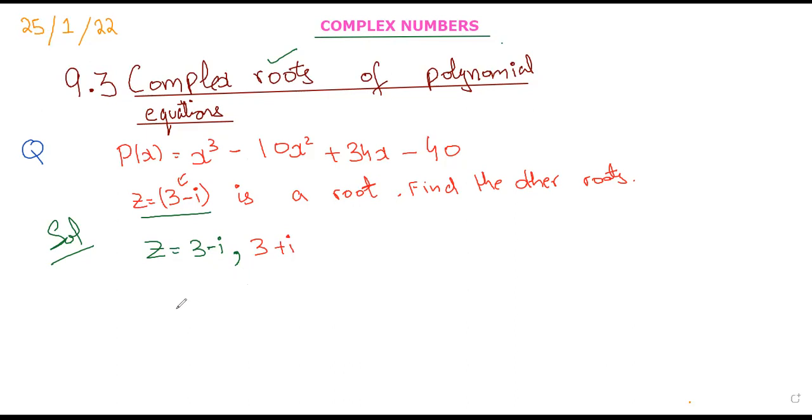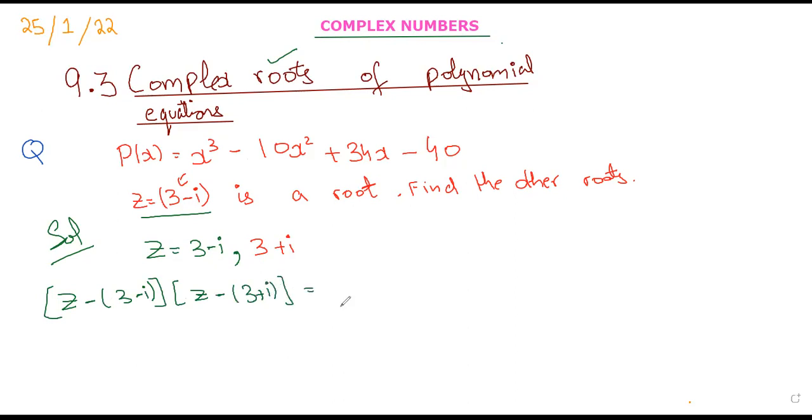We need to write down the factors. So we get z minus the first root, and z minus the second root.